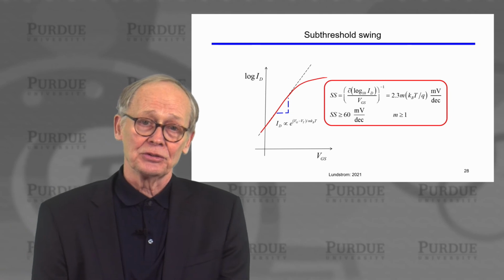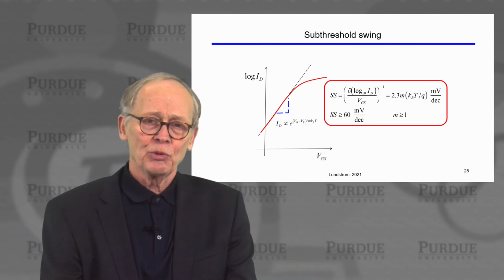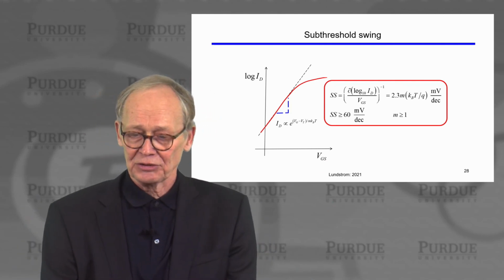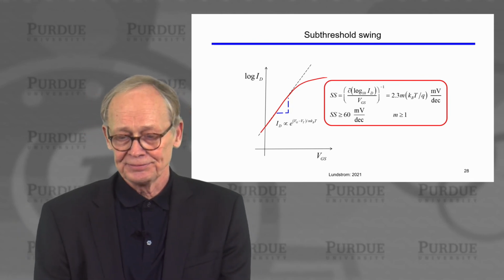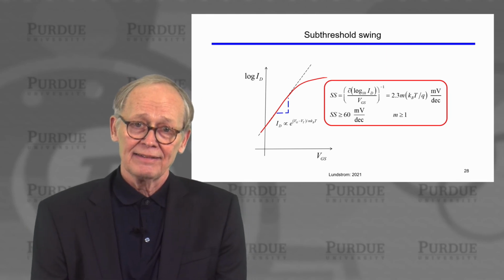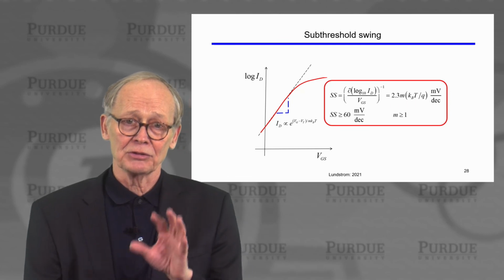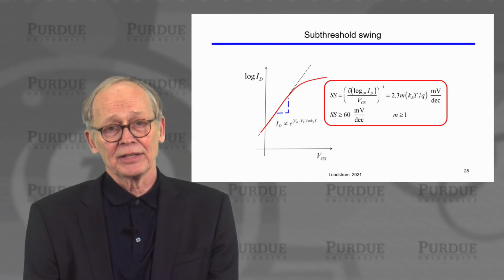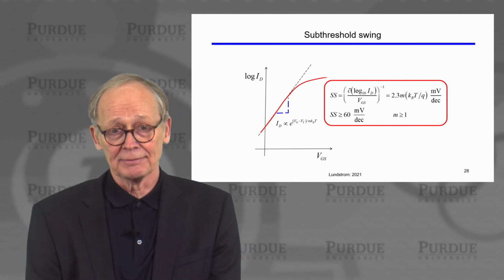That allowed us to deduce the subthreshold swing, and we found that it was 2.3 times this numerical factor m, which is always greater than or equal to 1, times kT over q. If m is 1, that's 60 millivolts per decade. That's a fundamental limit for the way that this barrier-controlled device operates.